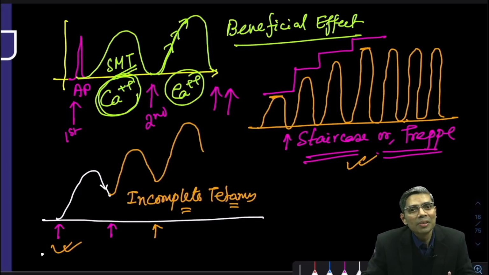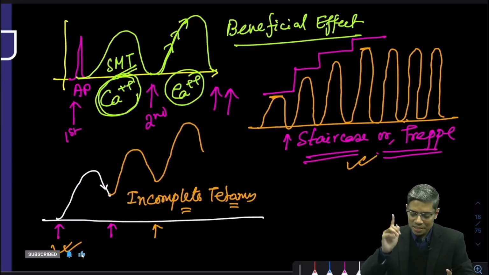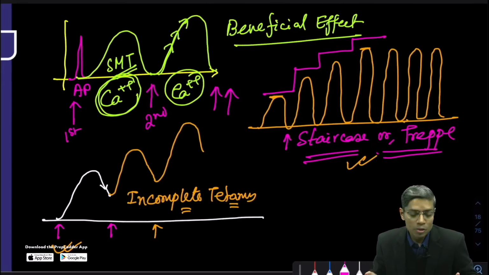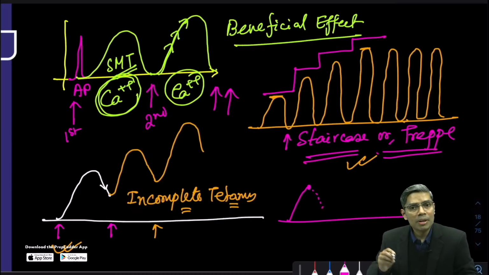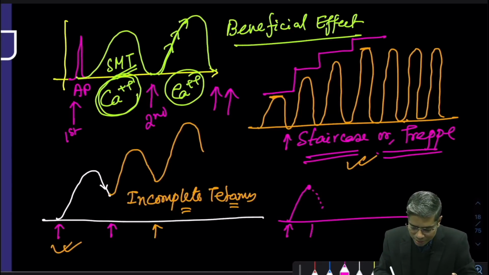So if I say complete tetanus, what will happen to the diagram? Complete tetanus means you will give no relaxation time. Whenever one contraction is going on, it is just about to relax, but before the start of relaxation, I have given the second stimulus here, meaning all these contractions will fuse with one another.